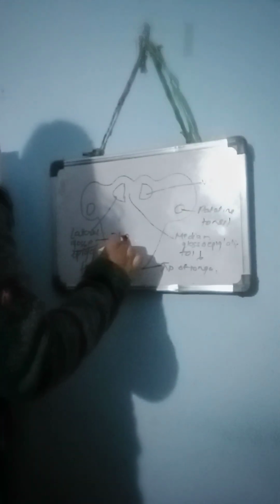Why is it known as glossoepiglottic? Glosso refers to the tongue and epiglottis refers to that structure, the epiglottis. So, the connection between the tongue and the epiglottis is glossoepiglottic.